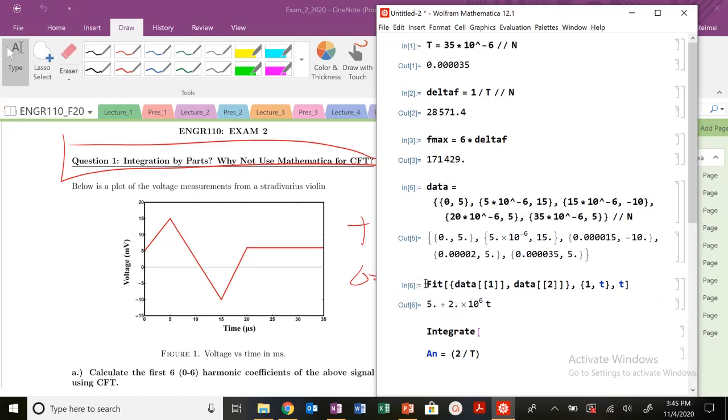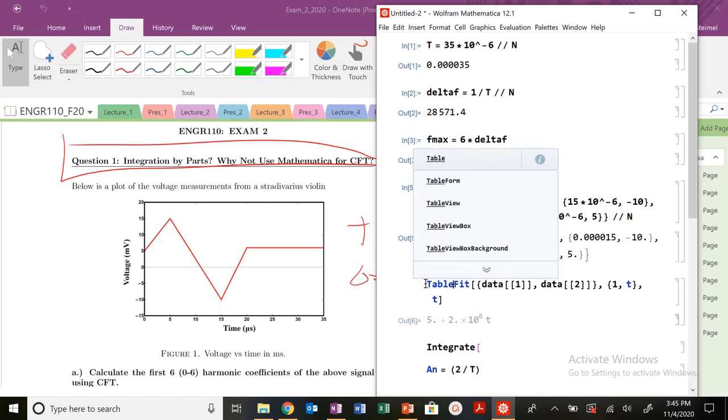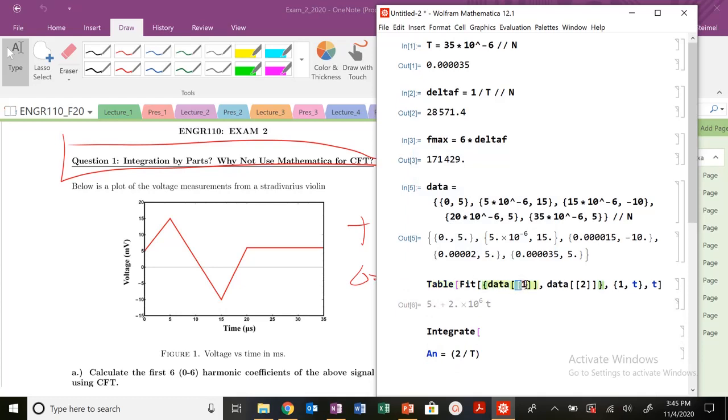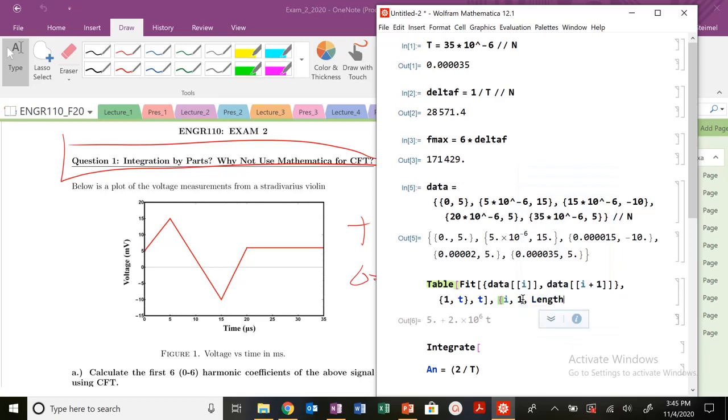That's our first function. And I'm going to do a Table, where i goes from 1 to the length of my data, but that's not going to work.